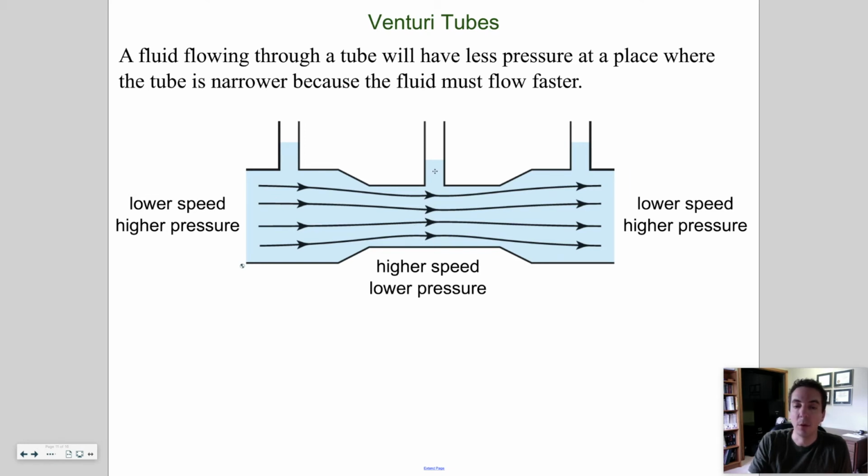And notice we've got lower pressure here because the water here is moving at a higher speed, so it exerts lower pressure. So notice the water level here is a little bit lower, versus on either end, where we've got a lower speed because of the bigger cross-sectional area, and the fluid then exerts a higher pressure.